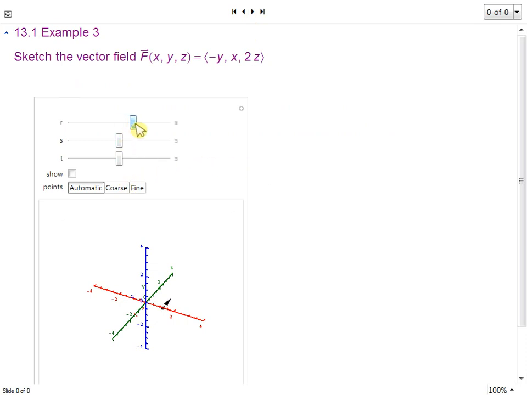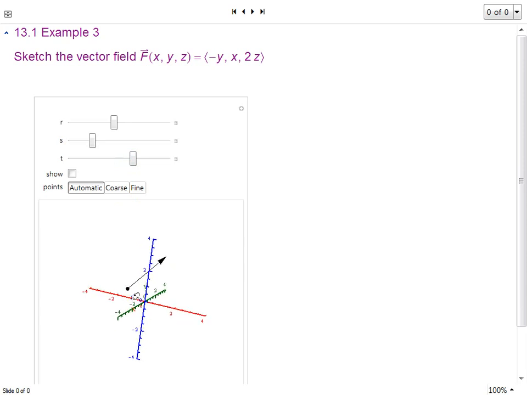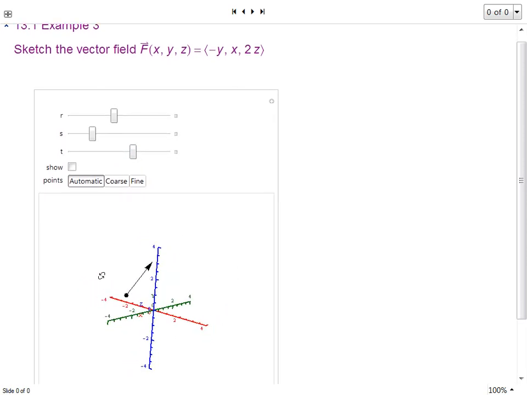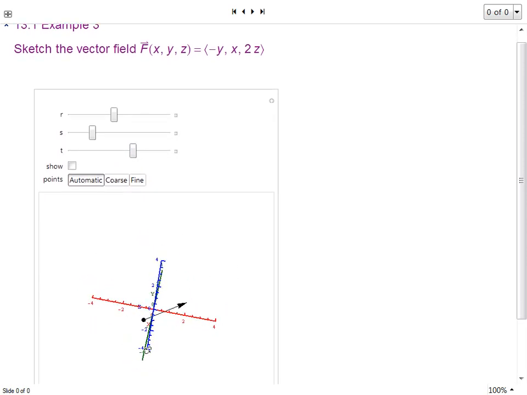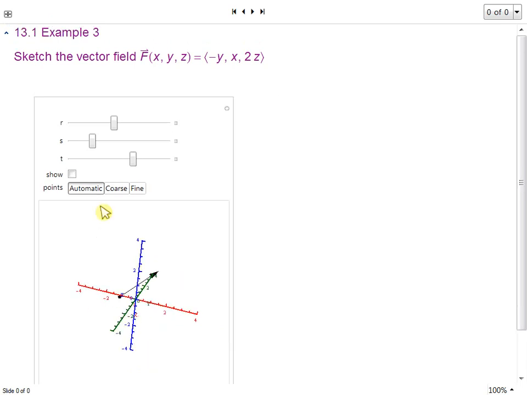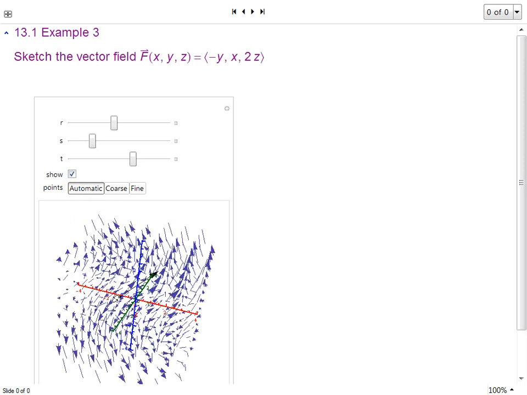I can have the computer compute the vector at each point in 3-dimensional space. Where I start to have issues is where I try to get an idea of what's happening everywhere. Usually it slows the computer down here. Let's see what happens. The computer's going to put a bunch of points in and show me the vectors.